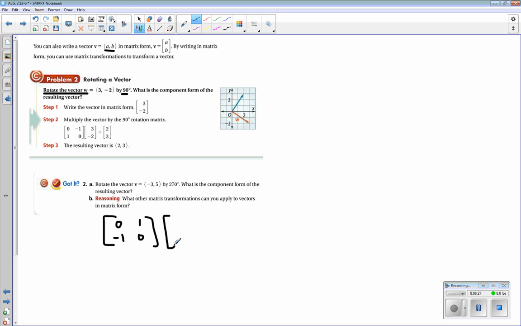So we're going to multiply negative 3, 5 by that. And when we do that, we get 5, 3.